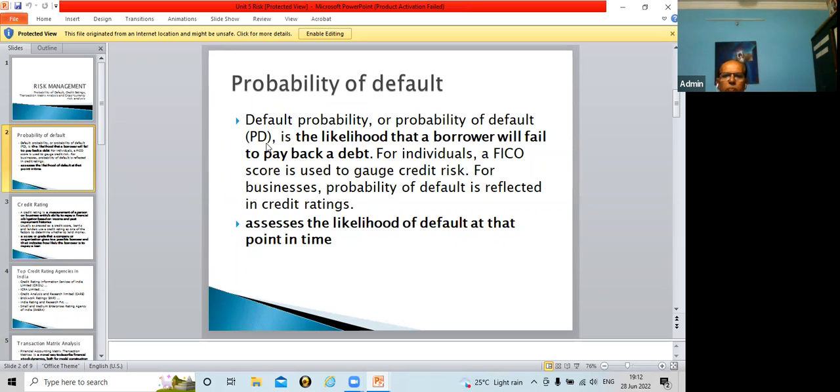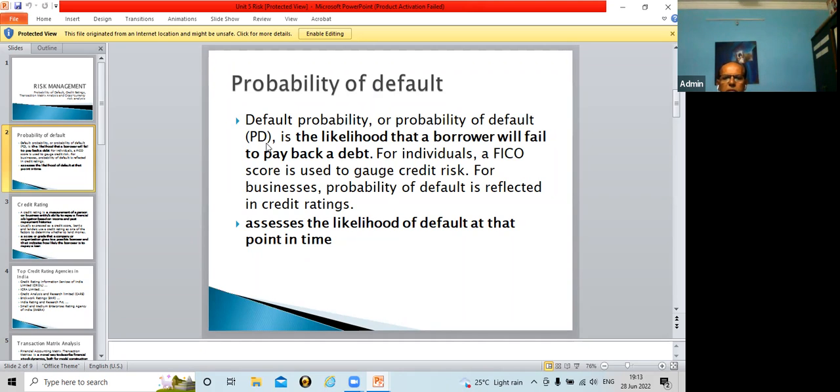So in case of an individual, a score is used to gauge credit risk. Nowadays in a bank, banks also measure the score of a person who is asking for a credit card or any kind of loan. So the bank also measures a particular score. Do you know the name of that score?